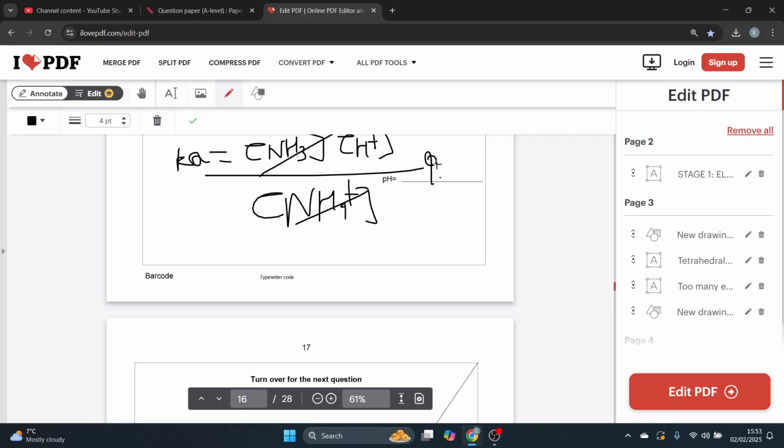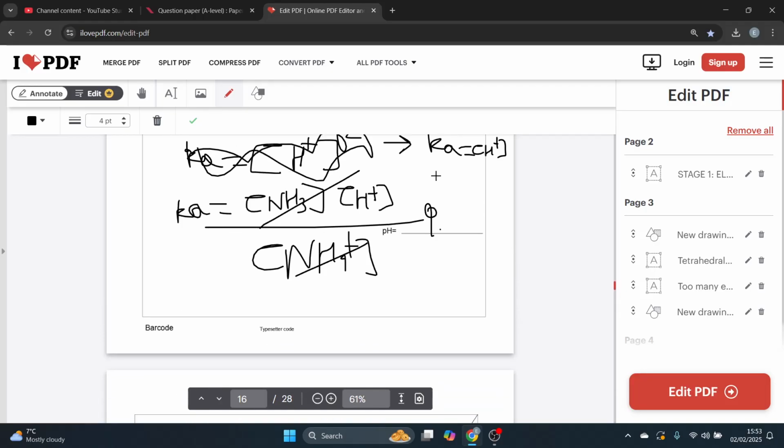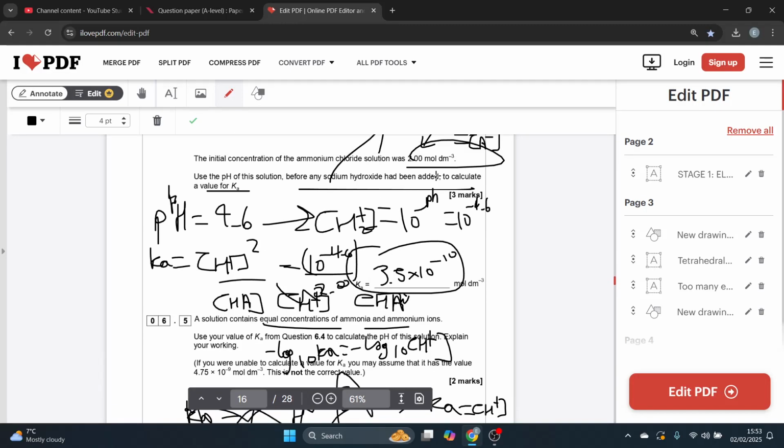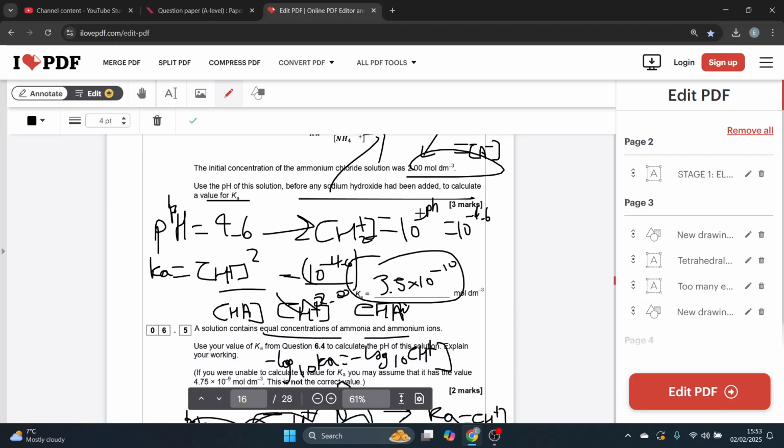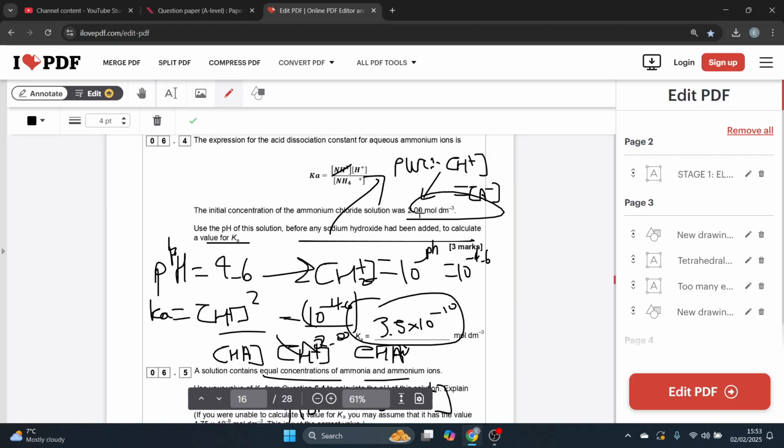Oh, it's 3.15. Yeah, it's 3.15 times 10 to the power minus 10. I said 3.5. How did I get 3.5? That's a good question. 10 to the power minus 4.6 squared divided by 2.00 is 3.15.